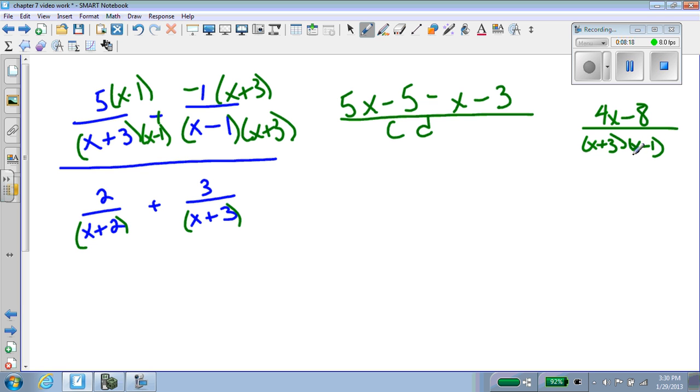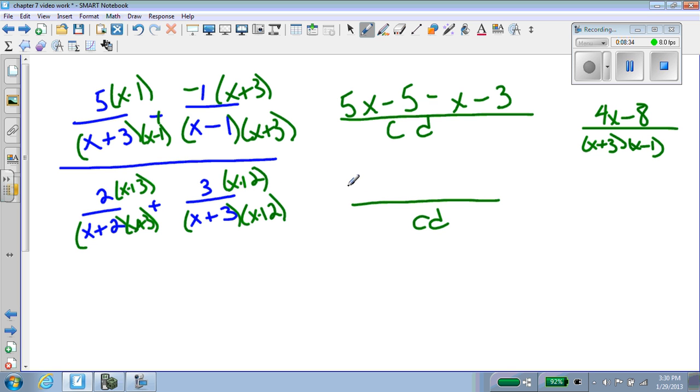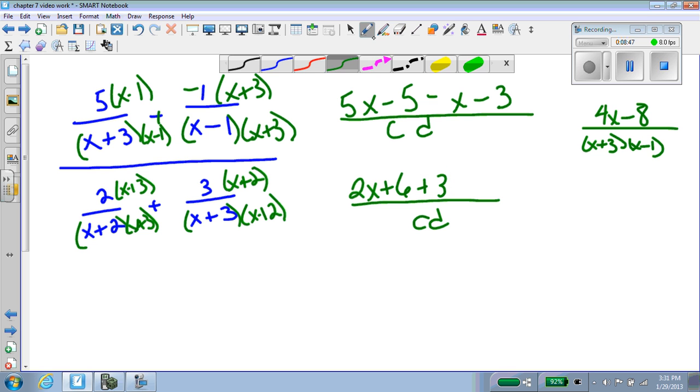And the denominator, this fraction needs x plus 3. And this fraction needs x plus 2. So I have 2x plus 6 plus 3x, oh, 3x plus 6.